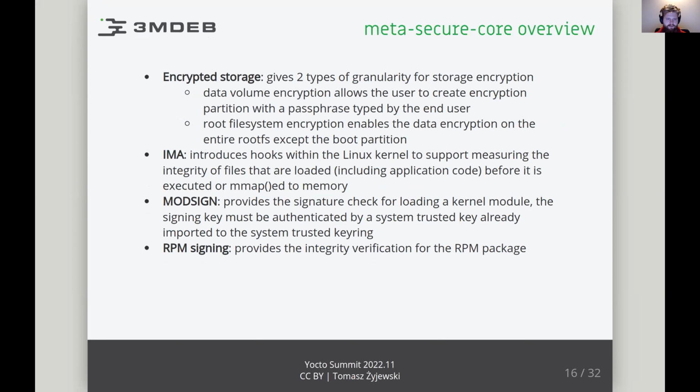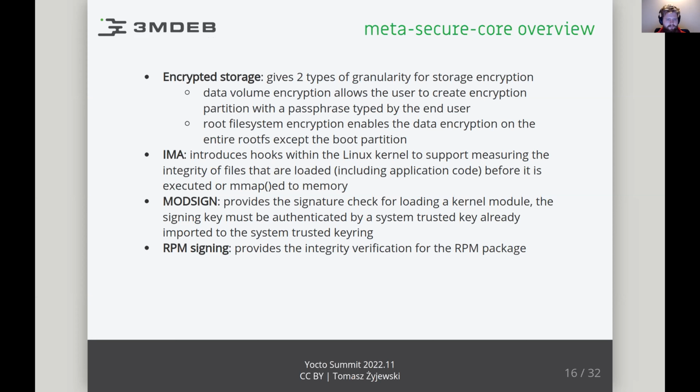Next, there is a layer for encrypted storage, which gives us 2 types of granularity for storage encryption. We can encrypt a data volume with a password given by the user within the system, or encrypt the whole root file system partition except the boot partition.